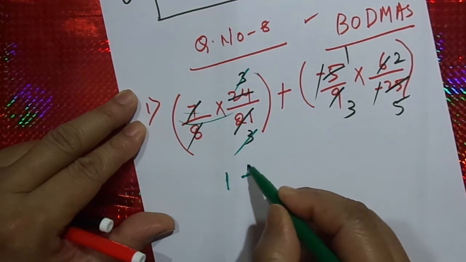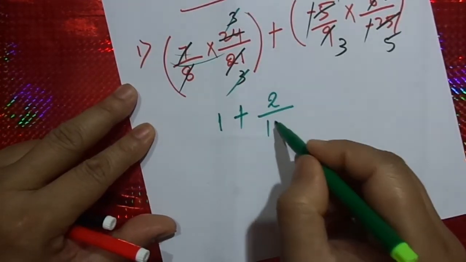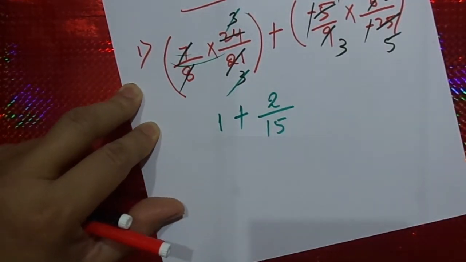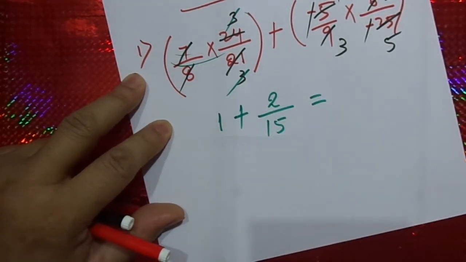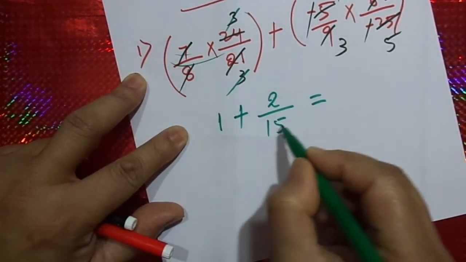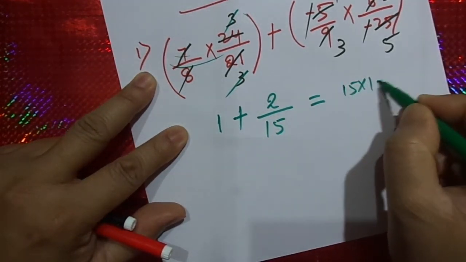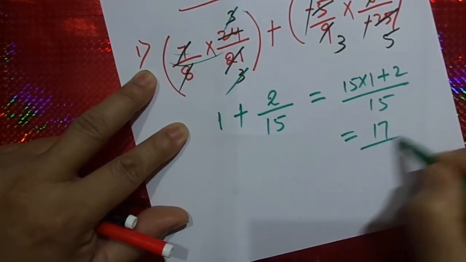And here you have plus 2 by 15. 3 into 5 is equal to 15. Can you add this? Of course. I'll add 15 times 1 plus 2. 15 times 1 plus 2 by 15 is equal to 17 by 15.